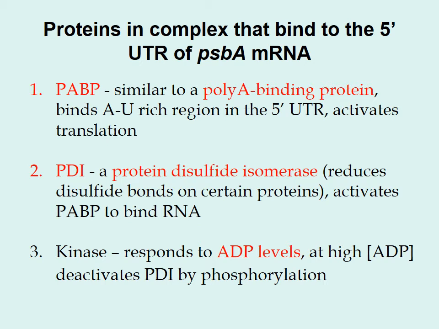PDI, this is a protein disulfide isomerase, reduces the disulfide bond on certain proteins and activates the PABP to bind to RNA. Third is the kinase that responds to ADP level. At high ADP, it deactivates PDI by phosphorylation.